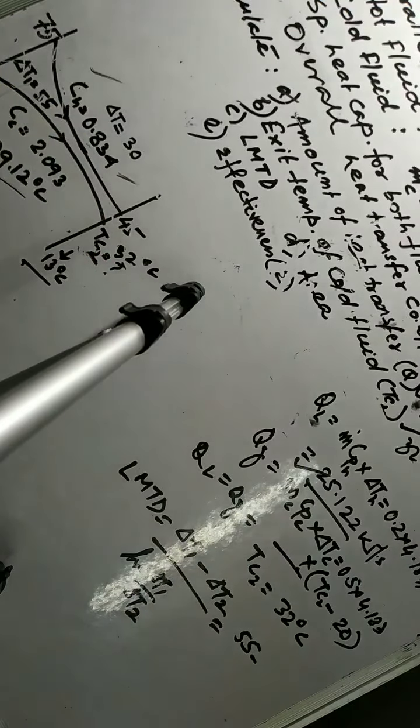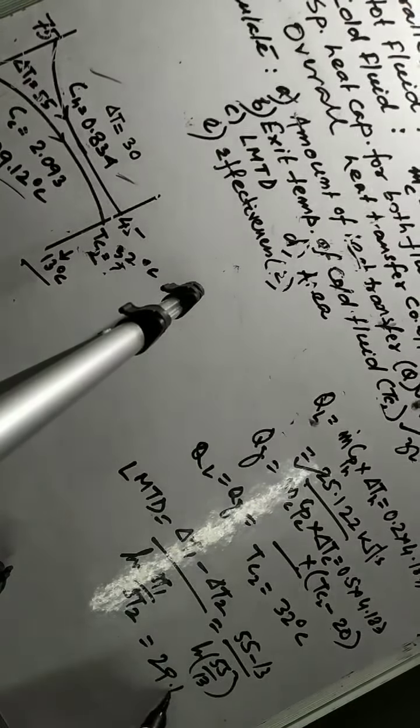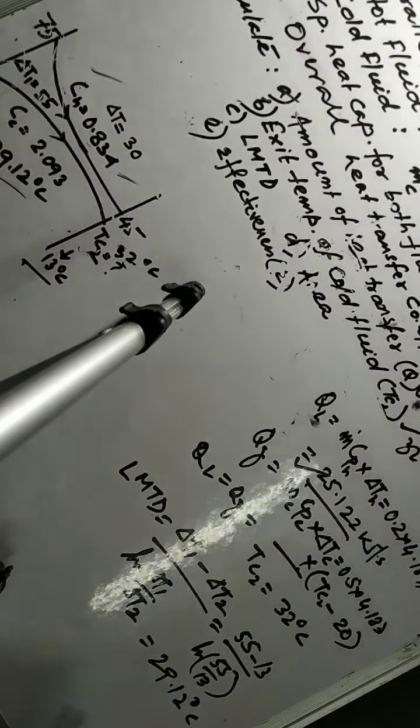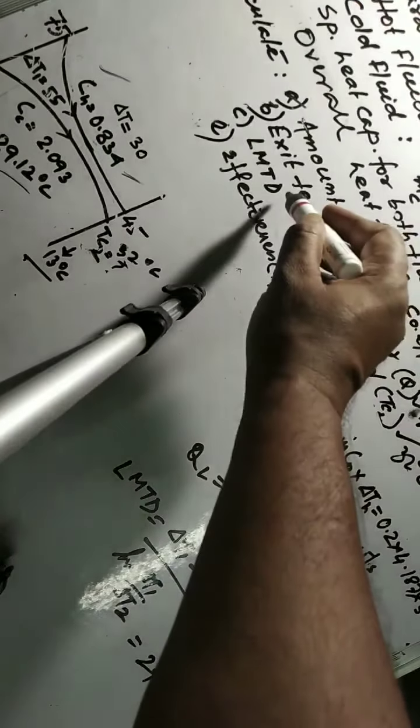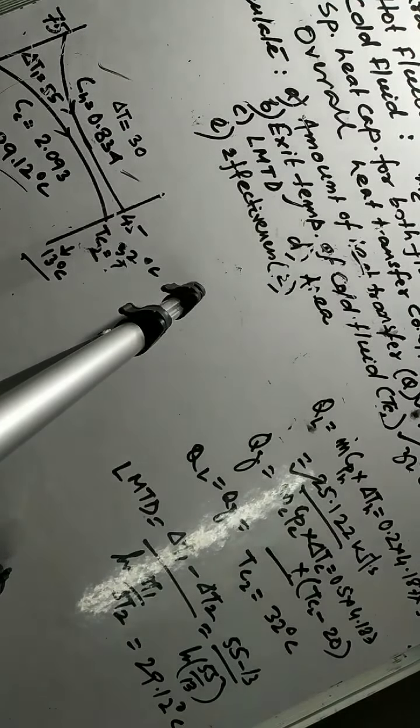Here it is 45 minus 32, 13. So ln of 55 divided by 13. So LMTD will be somewhere around 29.12 degree centigrade. LMTD is 29.12 degree centigrade. So this way you can calculate LMTD.